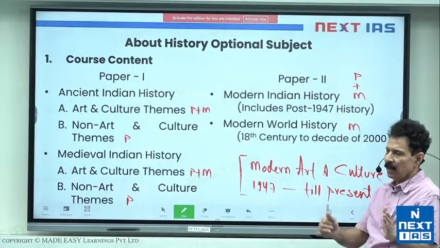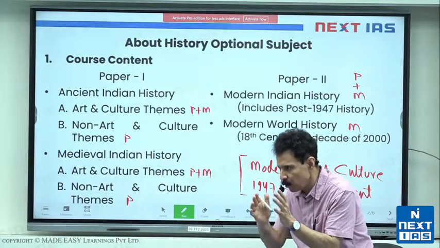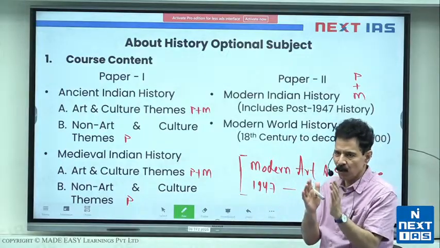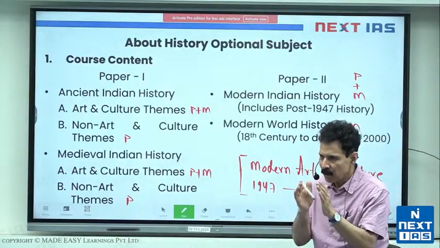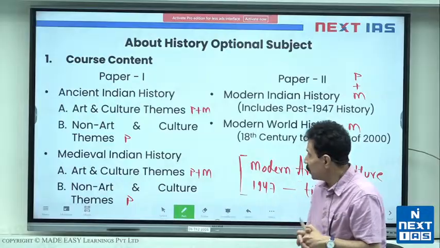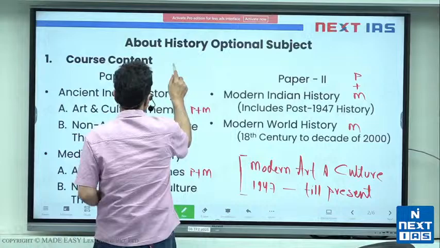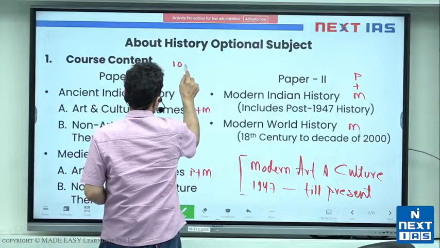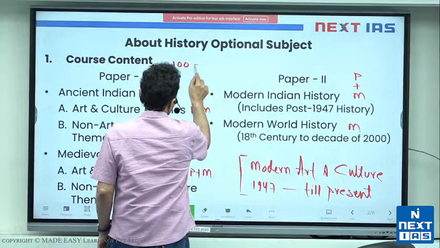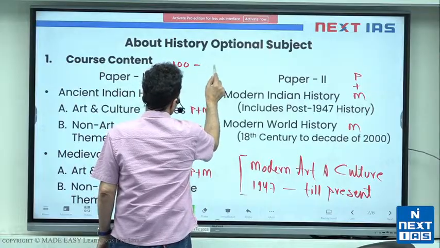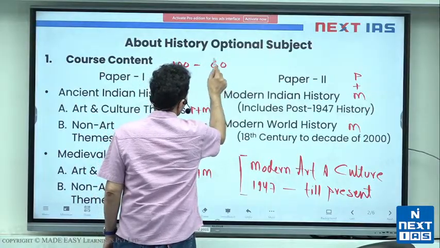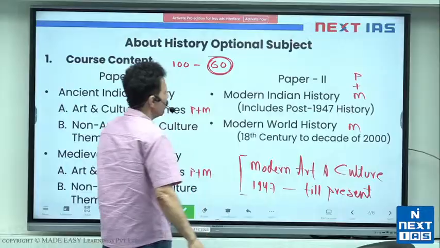For example, suppose you consider the total questions in the history optional subject. If that is 100, then out of 100, 60 are more or less common.